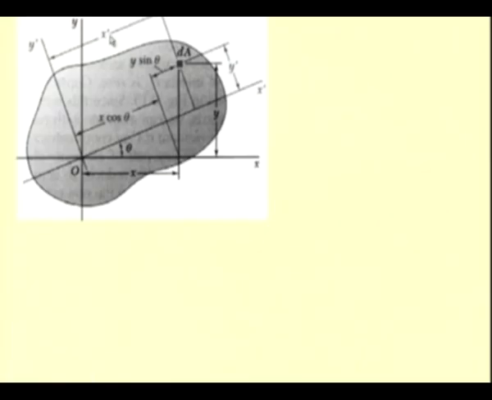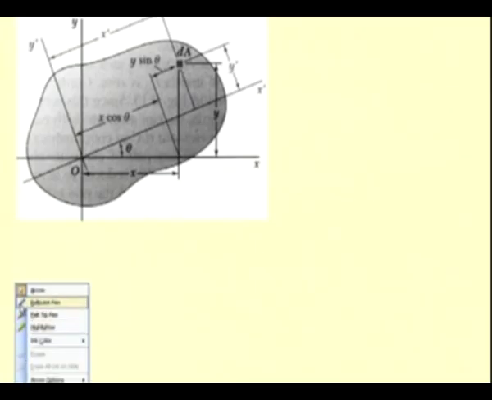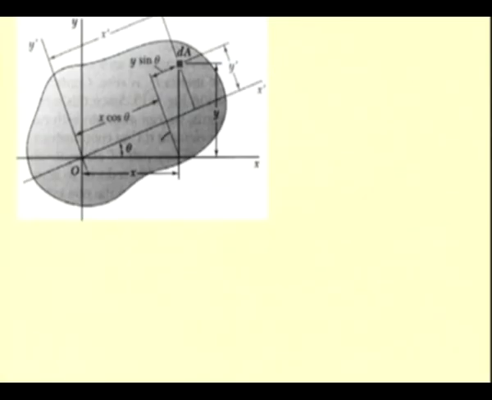This quantity x prime is nothing but x cos theta plus y sin theta. We find that this distance is nothing but x times cos theta and this distance is nothing but y sin theta, because we have this as y and this angle is again theta. So, this angle is also theta and so we have this distance as y sin theta.